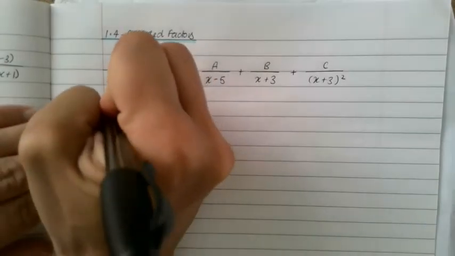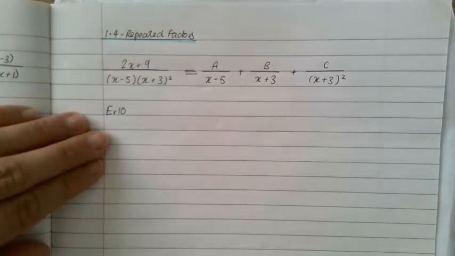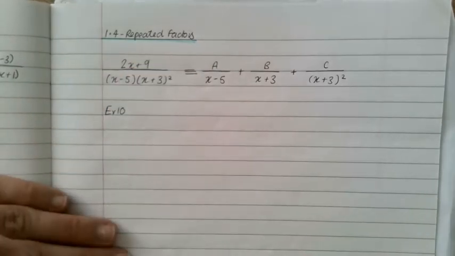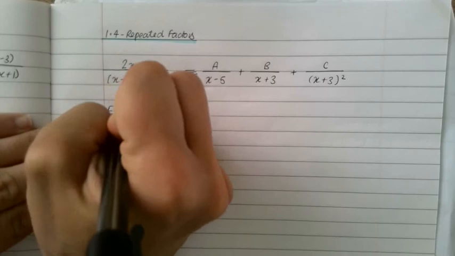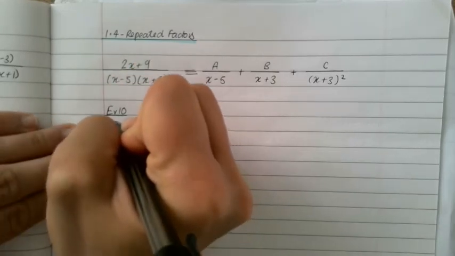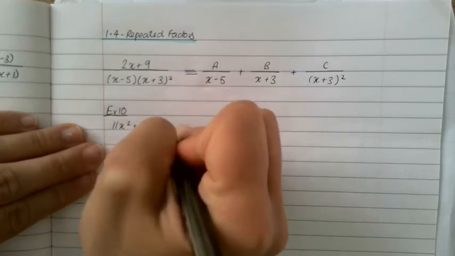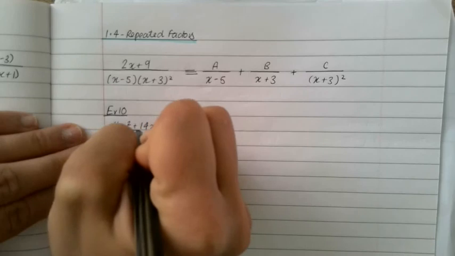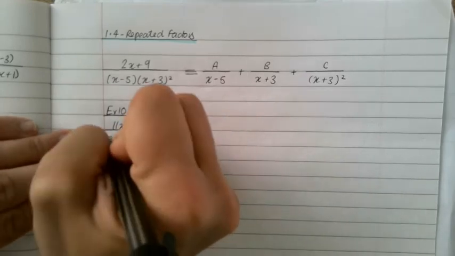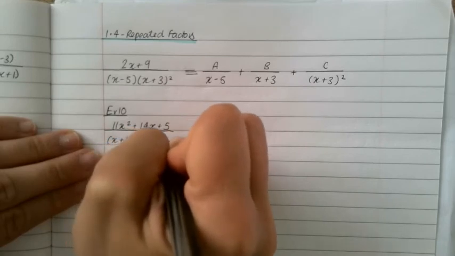So example 10, we need to show that, okay, I'm going to copy out the fraction. So we have 11x squared plus 14x plus 5 all over x plus 1, 2x plus 1.